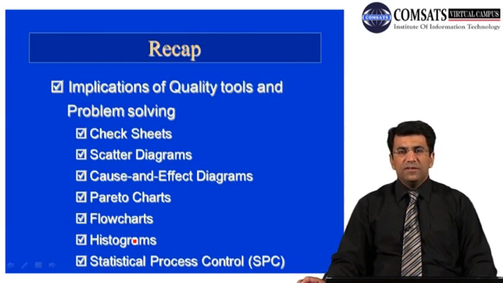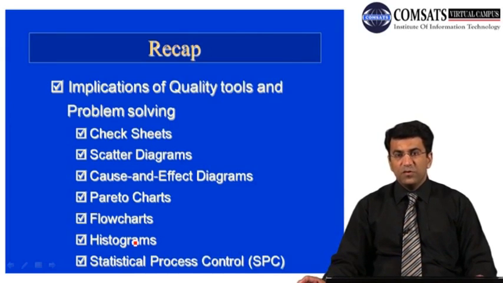Then we discussed that it is very difficult to define what quality is, because it is directly related to customer satisfaction, and customers are ever demanding, and their demands and requirements change with time and with different environmental changes, and the introduction of technology also plays a very important role in defining customer demands.